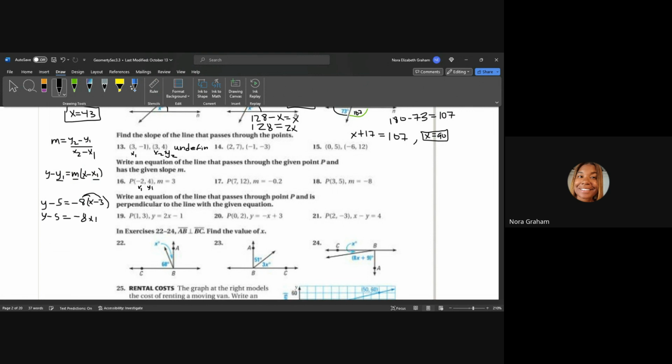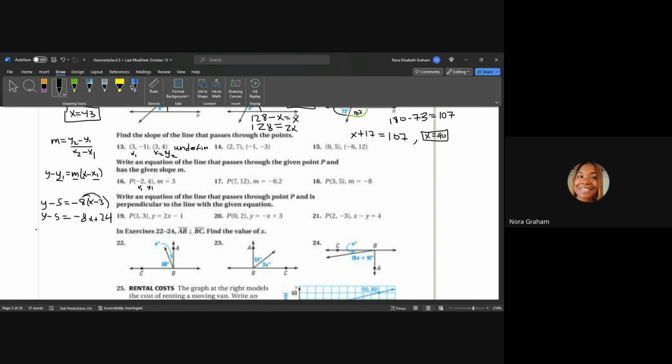Then I get a positive because a negative times a negative is a positive. 8 times 3 is going to be 29. No, 24. My apologies. There we go. It's way better.